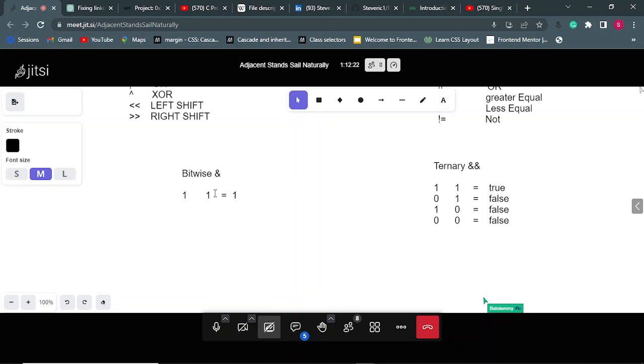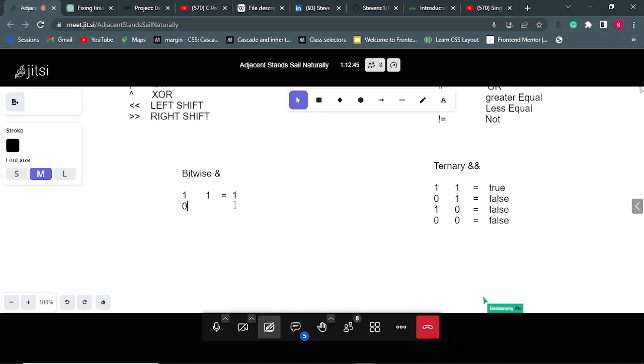But bitwise is manipulating bits. So 1 1 will always return 1, not true as this one is returning. Here we return 1.